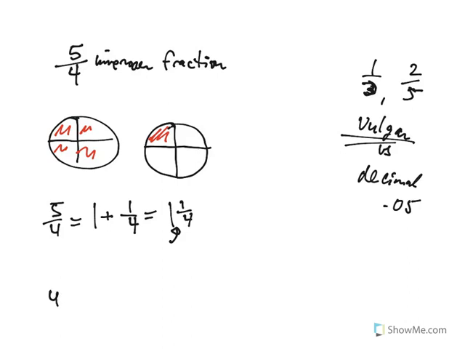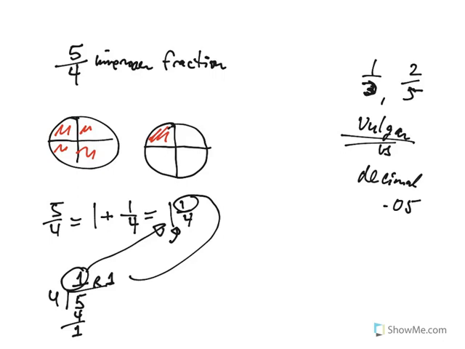The standard way of converting improper fractions into what are called mixed numbers is to divide, and the remainder ends up being the numerator, and the quotient ends up being the whole number.